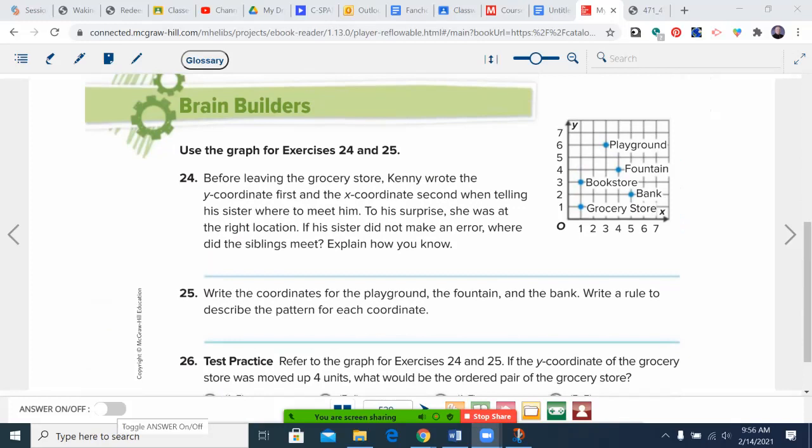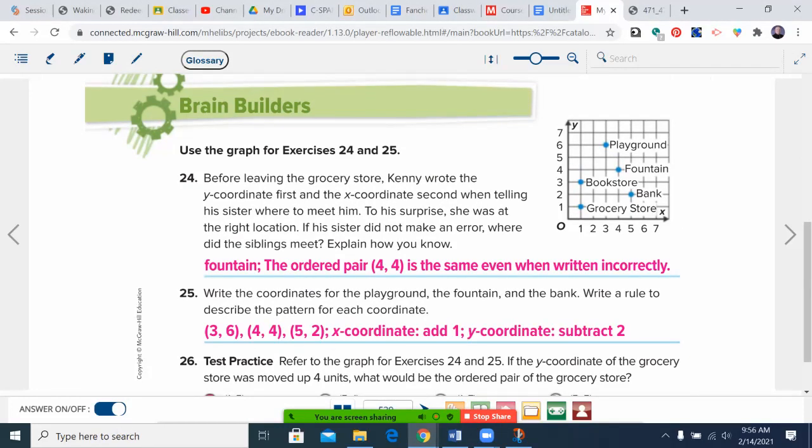Welcome back. And for these last 2 problems, before leaving the grocery store, Kenny wrote the Y coordinate first and the X coordinate second when telling his sister where to meet him. Oops. To his surprise, she was at the right location. If his sister did not make an error, where did the siblings meet? Okay. So I need to find something that is going to be kind of a square from the origin.